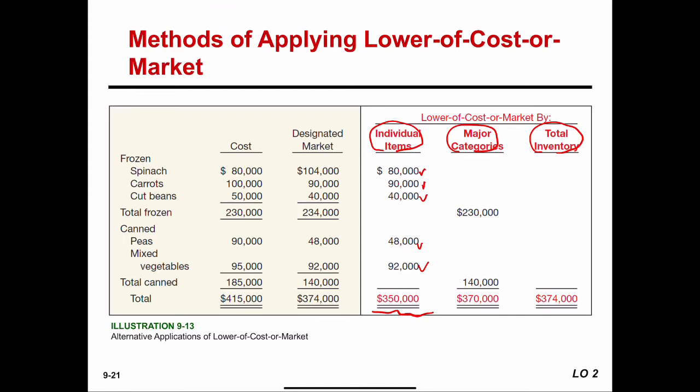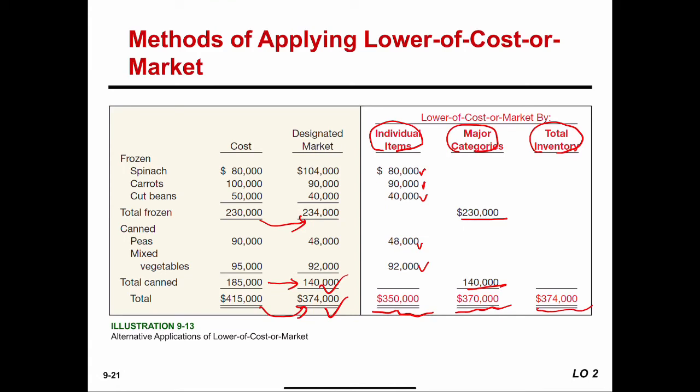We can also apply it to the major category level. We just compare these two, so we keep the lower one. This one, we still keep the lower one. So total. We can also apply it to the total inventory and keep applying the lower one.